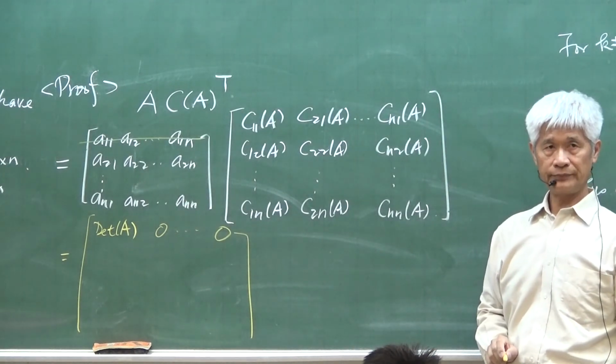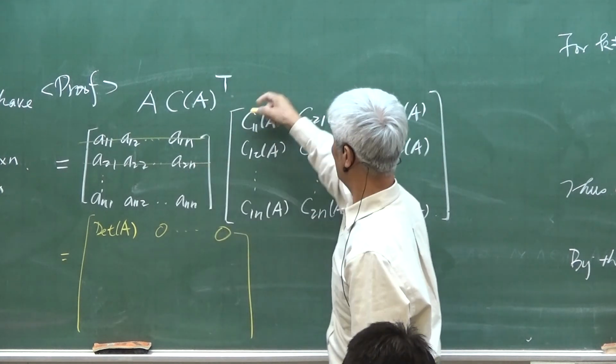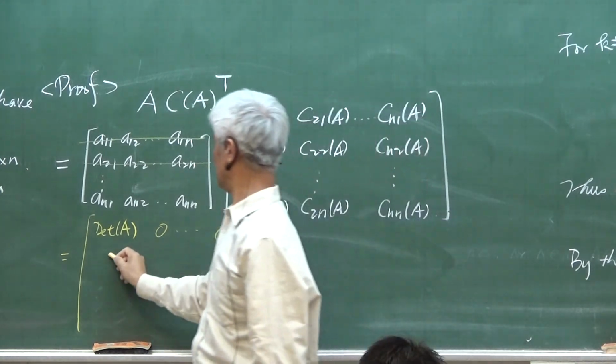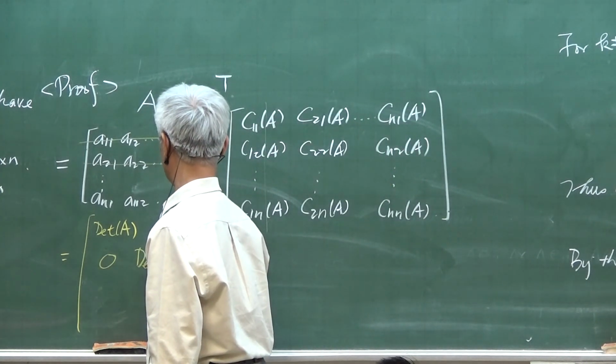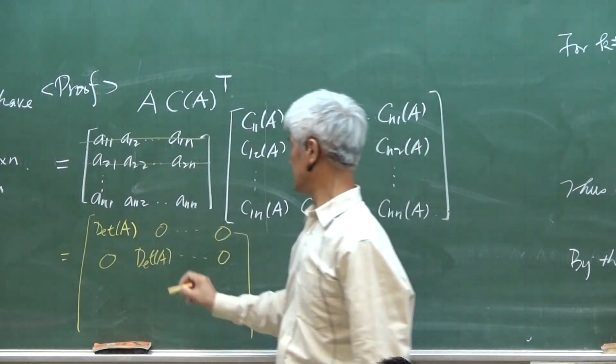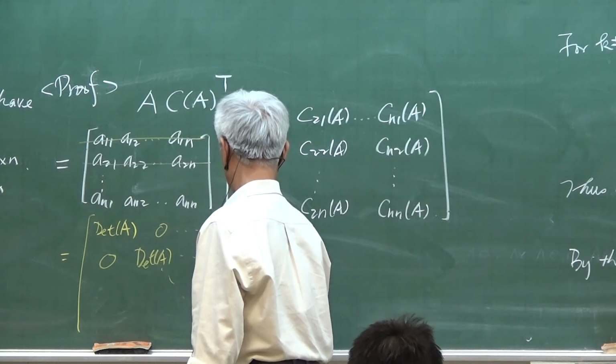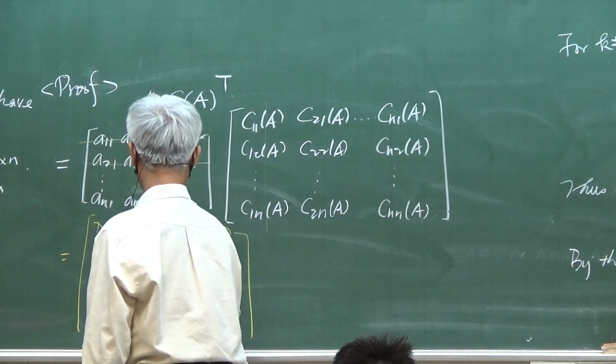And for the second row with the first column, we get 0. And this one is the determinant of A. Then 0, etc. So on the diagonal we have the determinant of A, but the other entries are all zeros.